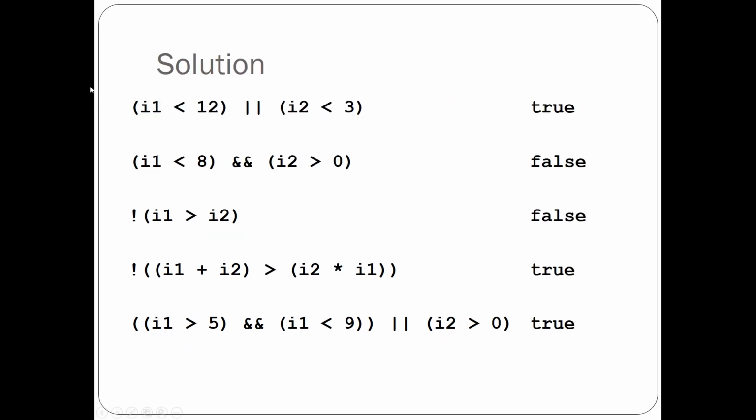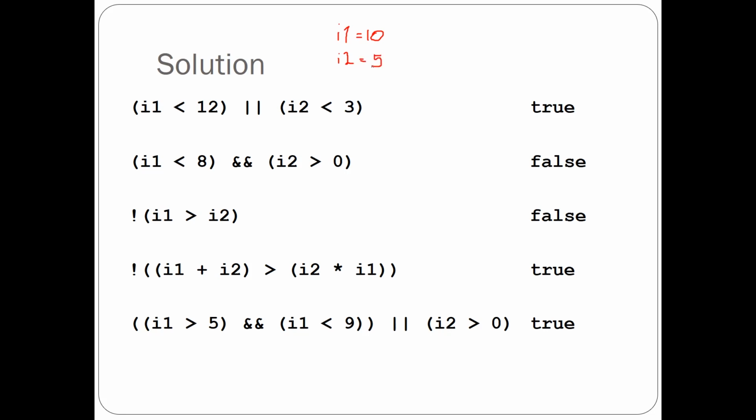Okay, and this is what we've got. Let's just jot down at the top the two values. I1 is equal to 10 and I2 is equal to 5.